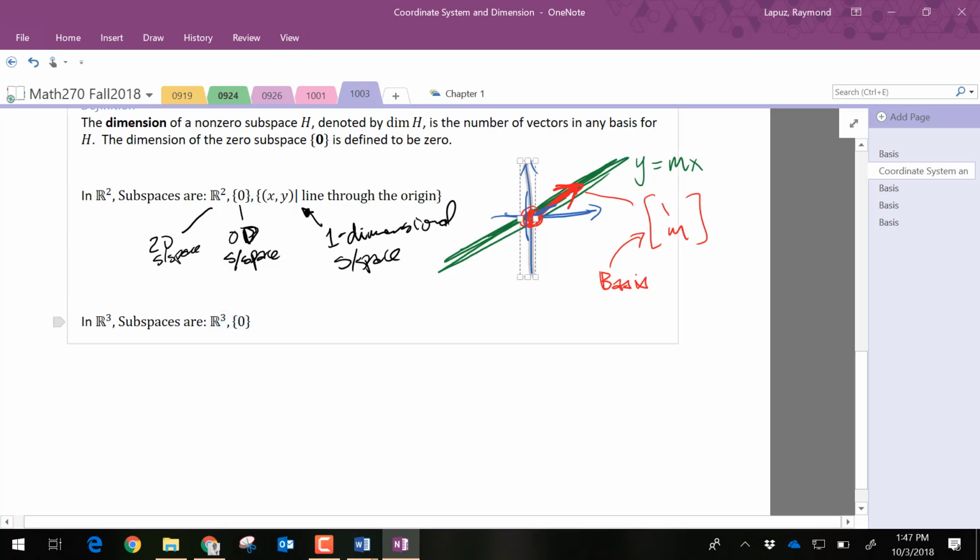All right, let's go to R3. So in R3, you have those, again, always subspaces, which is the whole vector space itself and the zero subspace. And then there's another subspace in R3, a line going through the origin. And what?